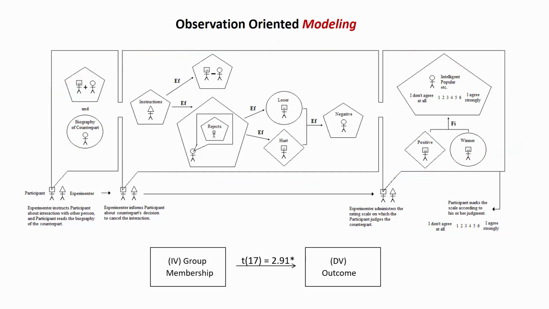Now, different symbols represent different aspects of that experience. Here, pentagons represent complex judgments, circles represent simple predication, and diamonds represent emotions. And lastly, different types of causes are represented in the model, including efficient and final causes.